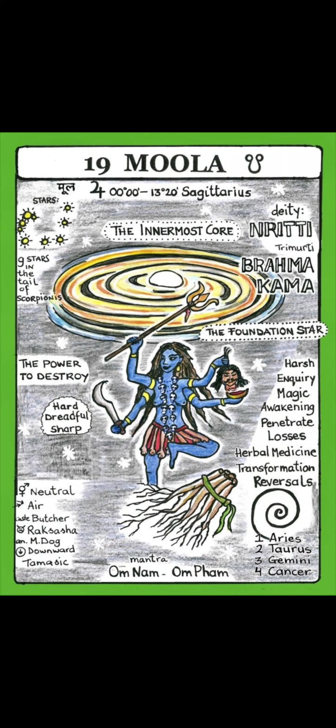So death and transformation, that's where we get the scorpion, the stars. There's 9 stars in the constellation of Scorpio that is part of this lunar nakshatra. And we can see here, it is hard, it's dreadful, it's sharp, but it's supposed to be a total transformation.